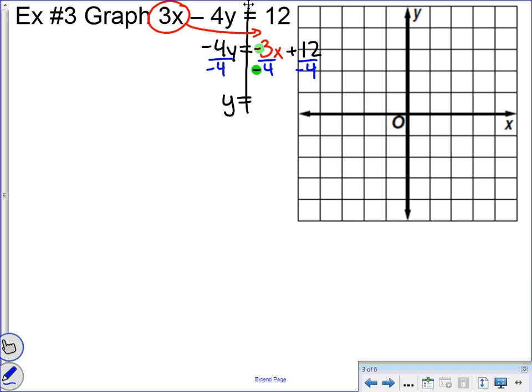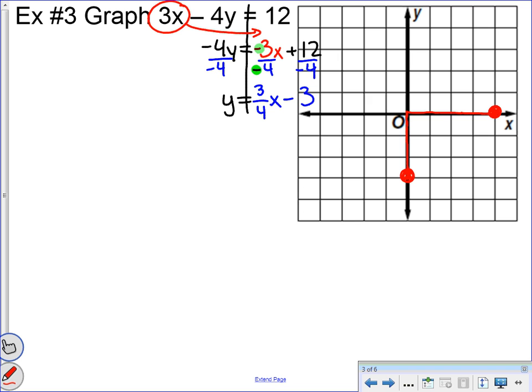So we're going to have +3 over 4x, and then we're going to divide the 12 and the -4. So 12 divided by -4 is -3. So this gives us our starting point of -3. And then we'll do up 3 and over 4. So from the point, -3, up 3, and right 4.